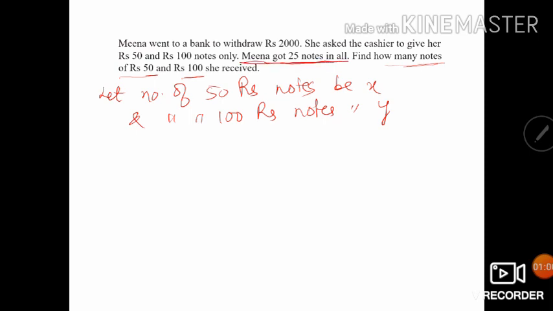This gives us our first equation. So there are some 50 rupee notes and there are some 100 rupee notes. Together there are a total of 25 notes. So x plus y is equal to 25. Mark this equation as 1.